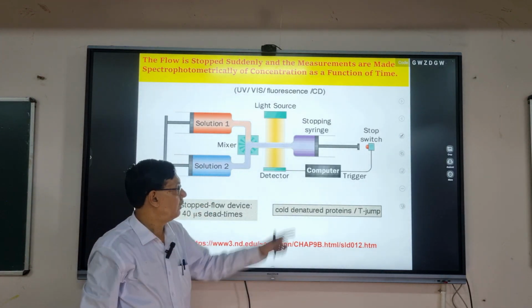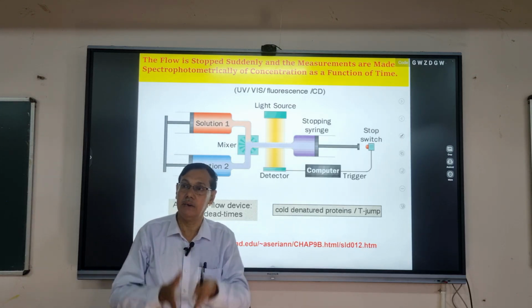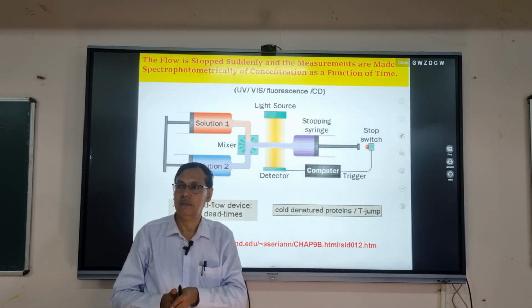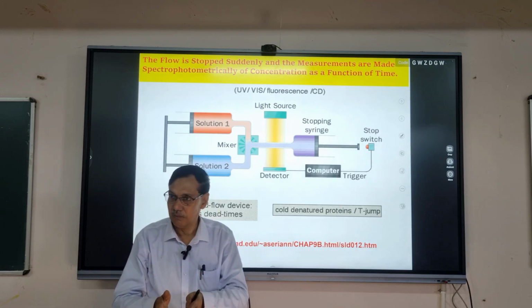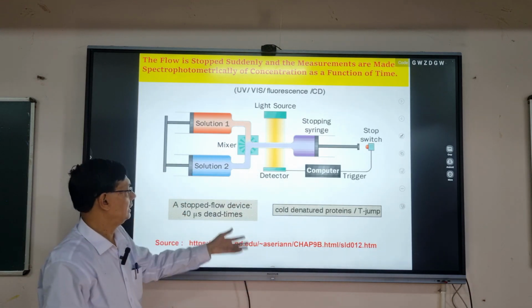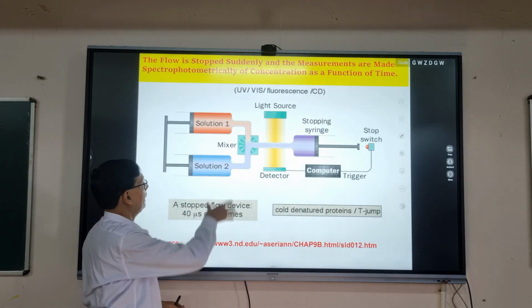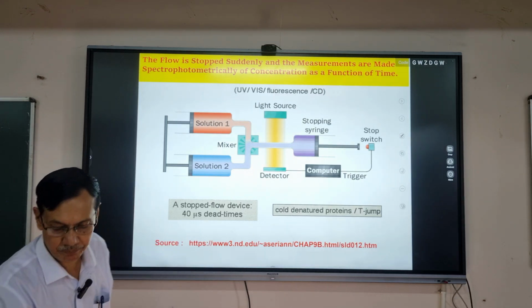The only difference is that it is a stop flow, so we must have a device which can stop the reaction, and then we need a computer and trigger and switch and other things. That is called the stop flow device. But again you see the fundamental is very simple.